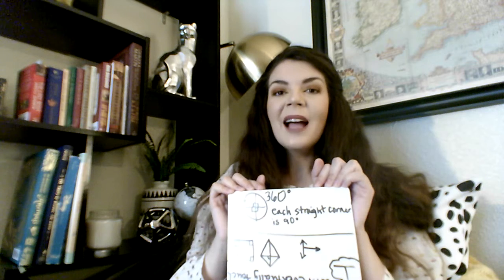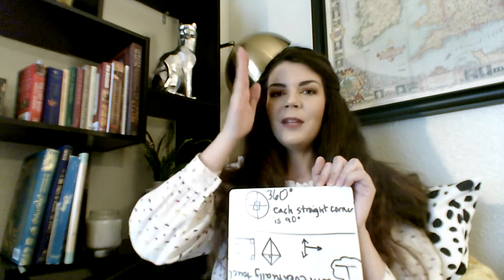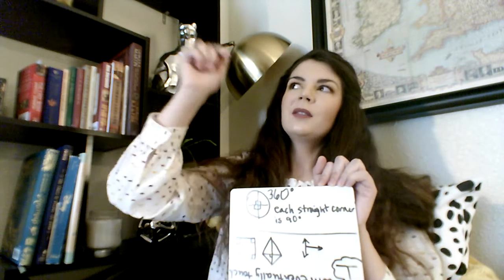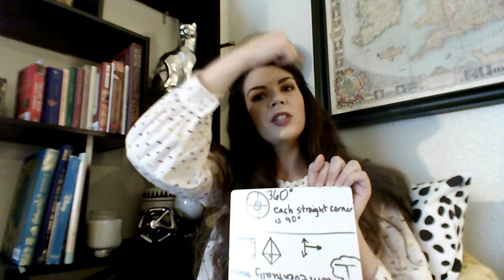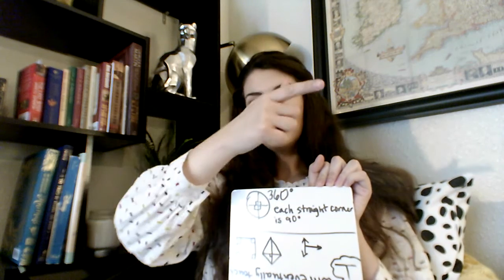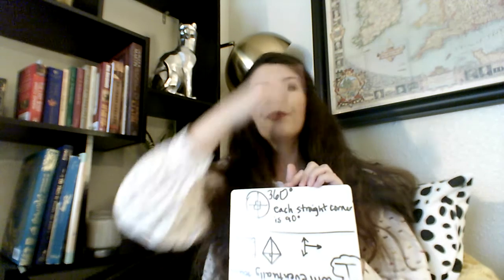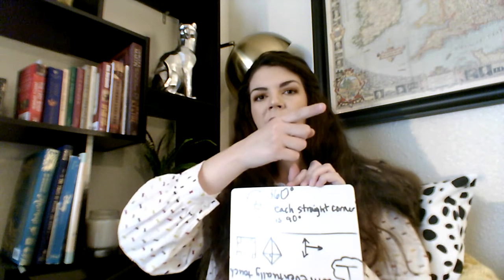So when you do a 90-degree turn, that means you go like so. This direction is north, behind me is south, this direction is east. So if you go from north and turn to east, like you would do in the Macarena, you just turn a little bit, that's a 90-degree angle.